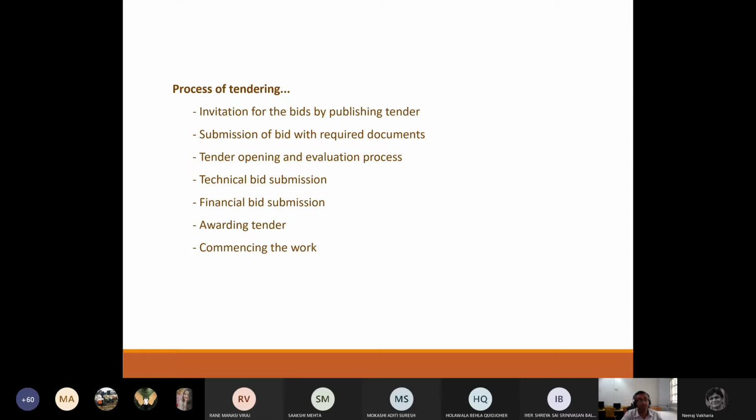The second criteria is, naturally, the cost at which the contractor is ready to do the work. So based on that, these tenders are opened and evaluated. They're compared with each other to know who is high, who is low, by how many percentage, whether it is worth it to work with such a person or not.